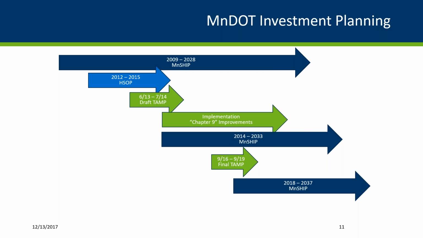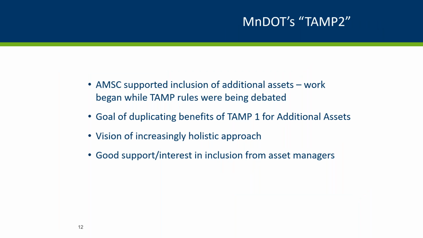And even as our TAMP was under development, by that point we had learned enough about some of the roadside assets that we really changed and improved our investment strategies for a lot of the ancillary assets on the highway system. So that was a positive impact of the TAMP planning at that point as well.